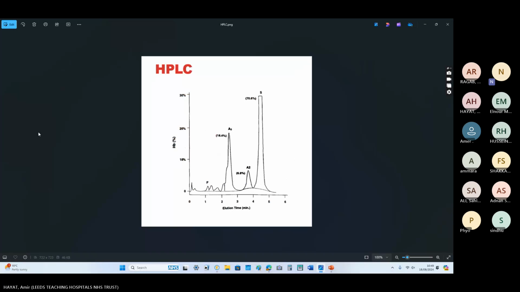But if the S peak is more than A, then it is more consistent with sickle beta. If A is more than S, then it is more consistent with sickle trait. Usually in sickle trait, we have 60% adult hemoglobin and 40% sickle hemoglobin. But if this ratio is reversed, then it's compound sickle with beta. And also the RBC indices of the patient will help you to confirm this diagnosis.